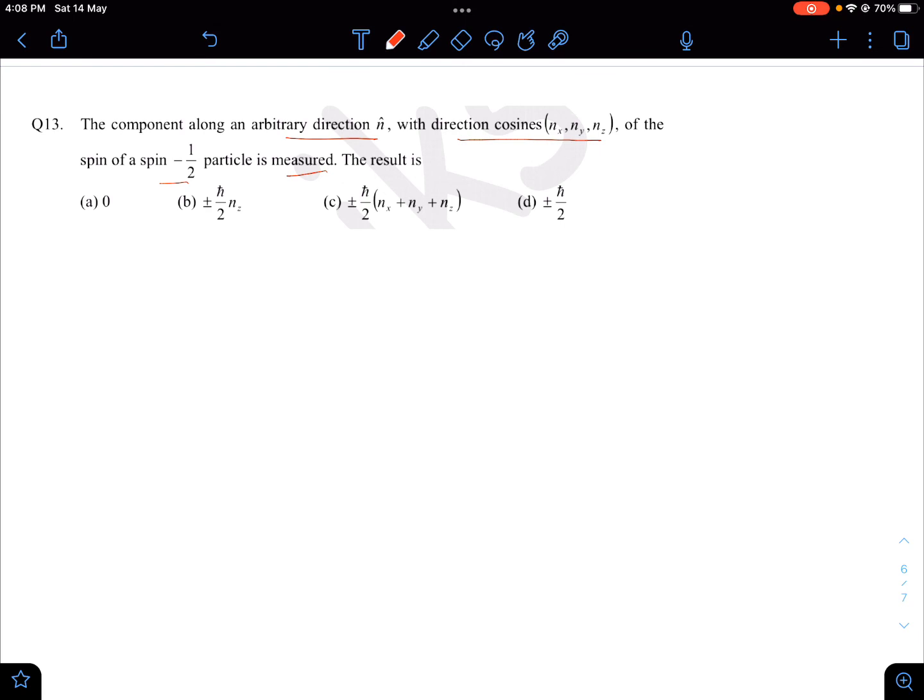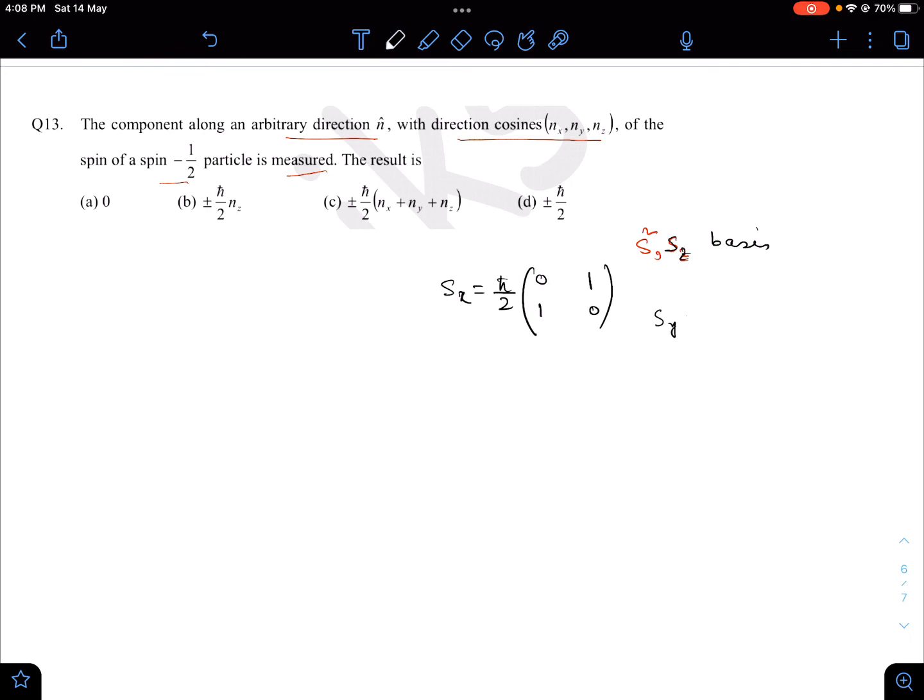So we know that in the S square and Sz basis, Sx, Sy and Sz are defined as: Sx is h cut by 2 times the matrix 0, 1, 1, 0.